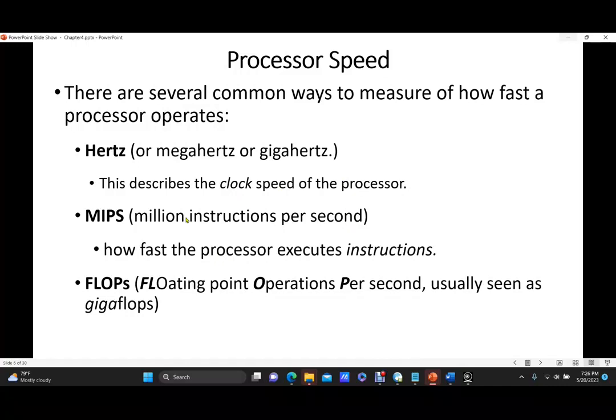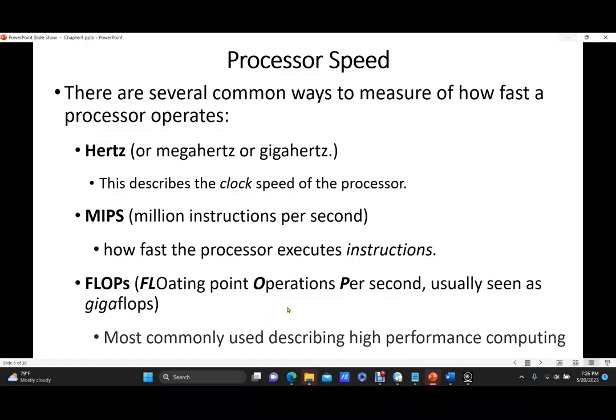MIPS describes how fast the processor executes instructions. And flops or gigaflops describes high performance computing speed.